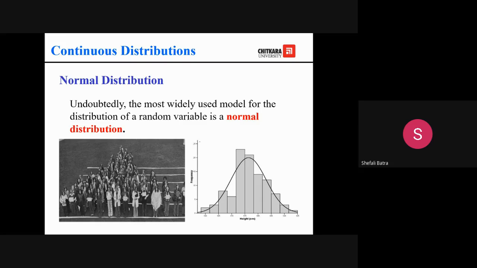So normal distribution is a widely used model for the distribution of a random variable. Usually we use it in various situations. We are using this normal distribution, and this is your normal curve, and this data is also following the normal curve.